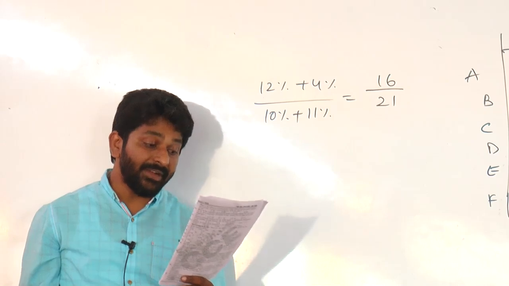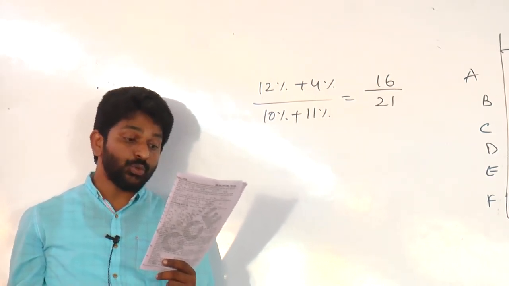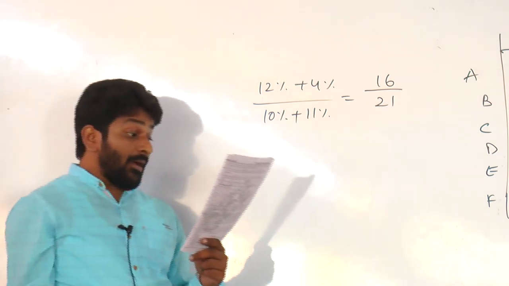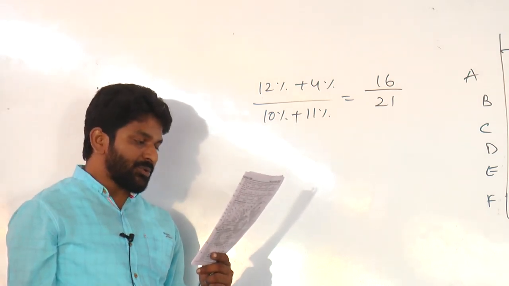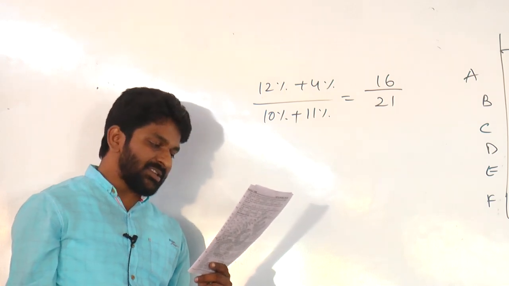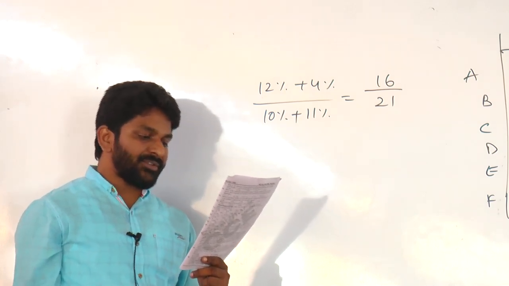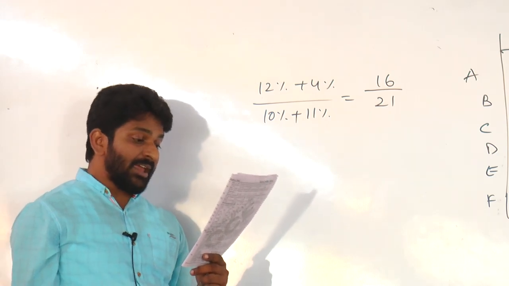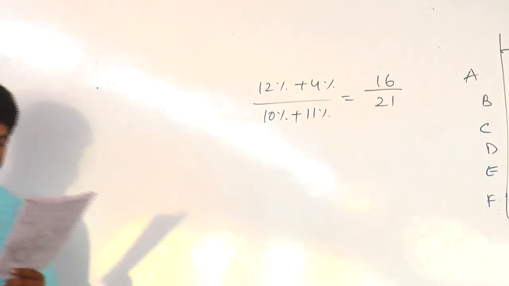Next, 45. If 70% of management students, male and female of city E, and 65% of management students, male and female of city C, are science graduates, what is the difference between number of science graduate management students in E and C together?